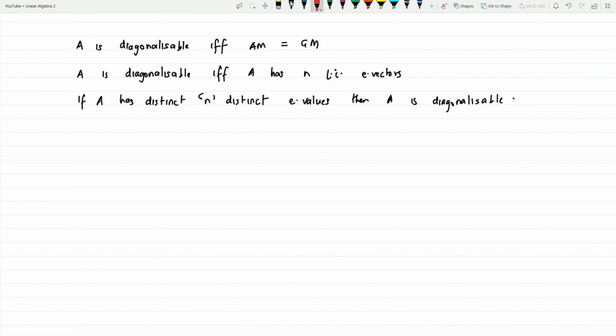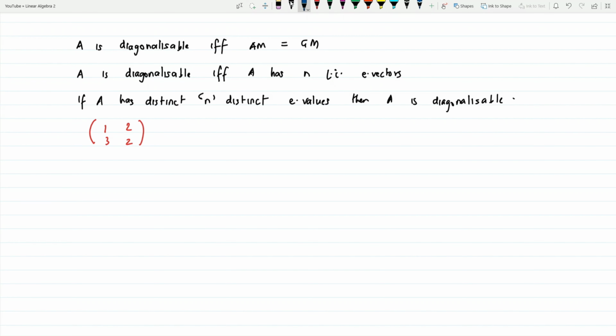Now let us get through a problem wherein we are going to check whether the given matrix is diagonalizable, and if it is diagonalizable, we are going to find the corresponding non-singular matrix C. So consider the matrix given by 1, 2, 3, 2.